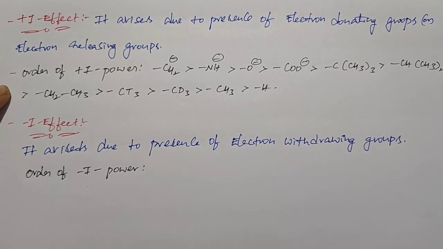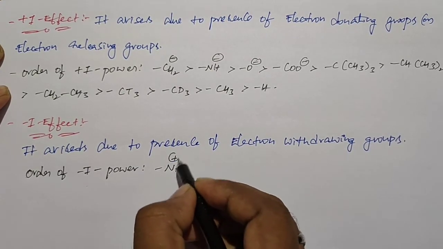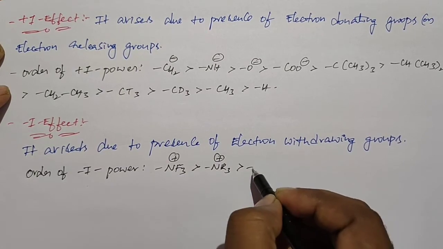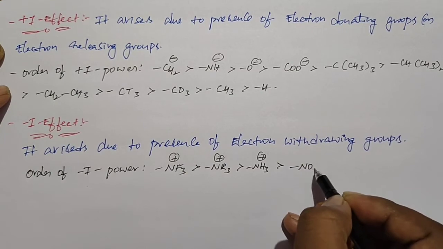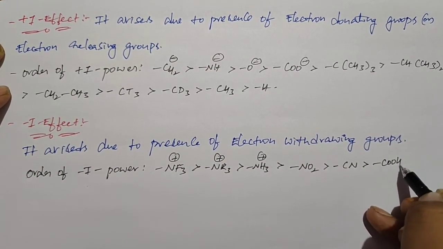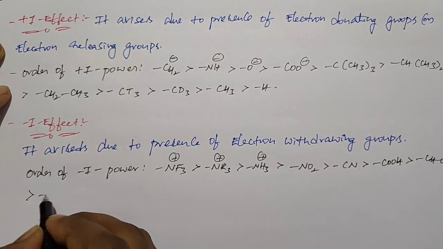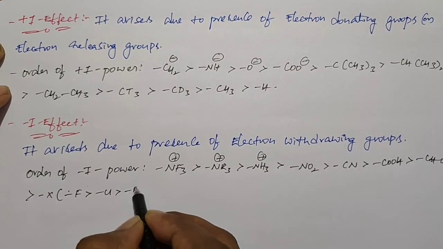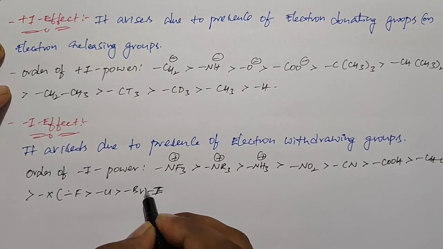It is in the order of NF3 plus, NR3 plus, NH3 plus, NO2, cyano, carboxylic, aldehyde, halogens. In the halogens, again fluorine, chlorine, bromine, iodine at last.